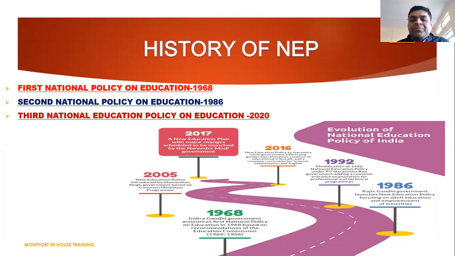Actually, it was just an amendment of the 1986 policy, and the 2005 policy was also an amendment of the 1986 policy. In 1992, they started professional technical programs, for example for IIT and these types of technical education. The 2005 amendment was for a common minimum program for everyone. And in 2016, the Narendra Modi government started work on the national education policy 2020.